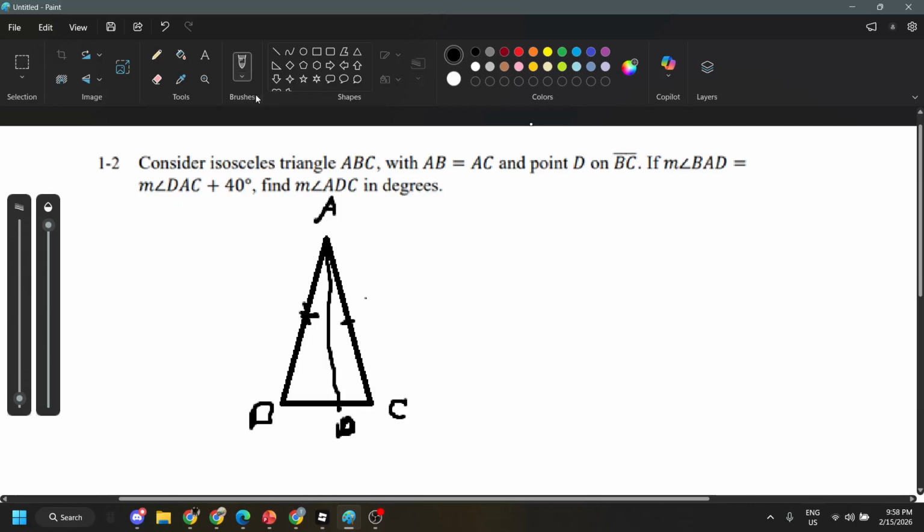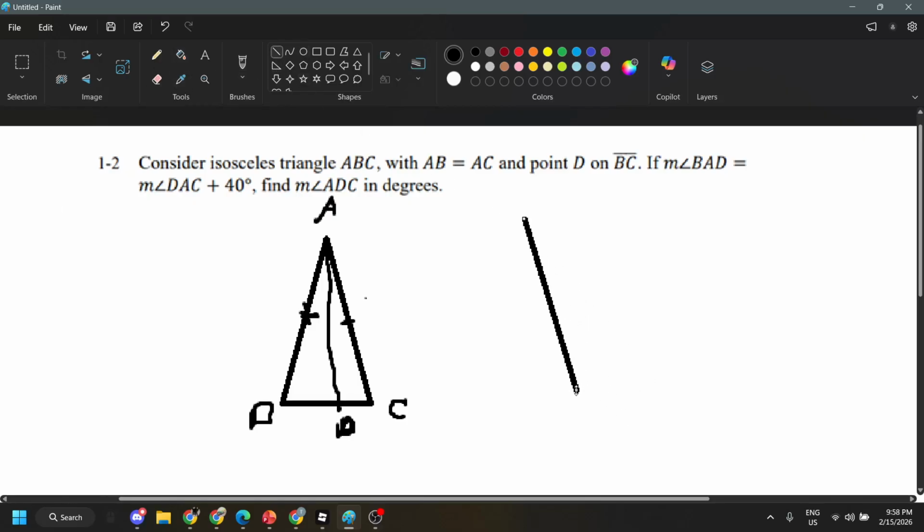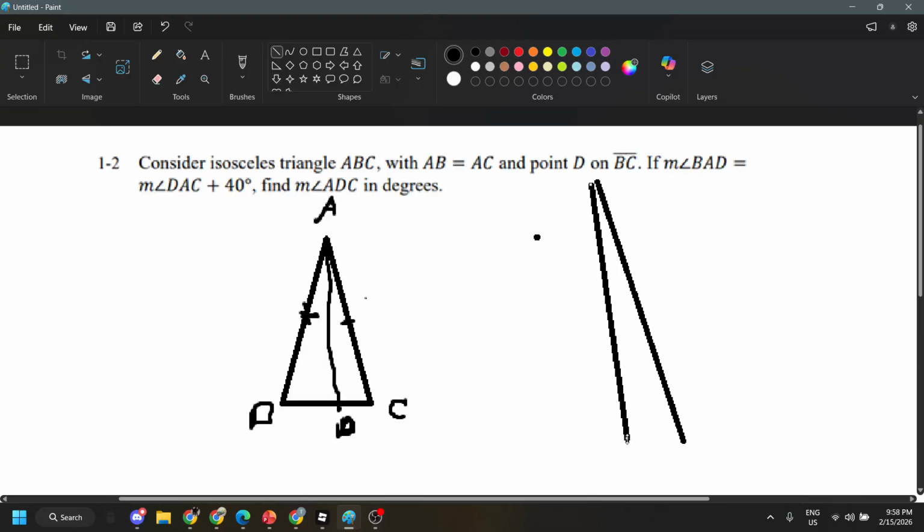Okay. So we see that, are these similar triangles? If we have this triangle, then we have this, and then we have this, then we have this, then we have this.